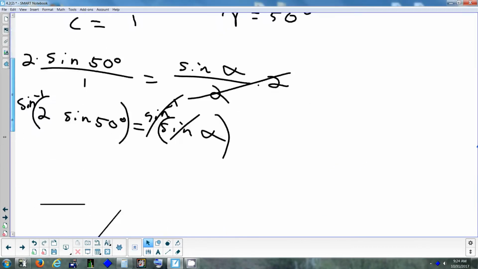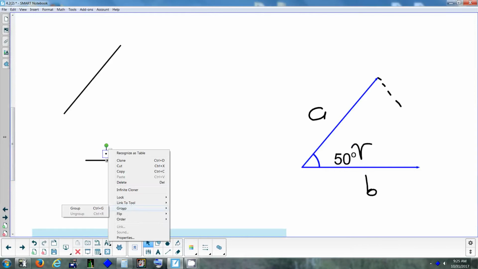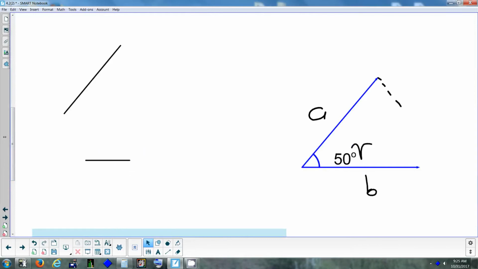All right, now C is 1 unit long. C is the side that is going to come off of A. Right? Now, that I can turn any way I want. But in order to turn it, to get the little green circle that lets me turn it, it's kind of weird. I have to group it with something. And then I can erase what I grouped it with. And now I have the little green circle.